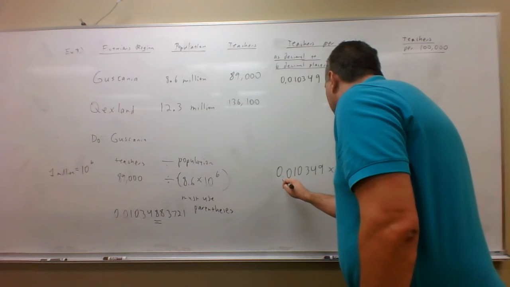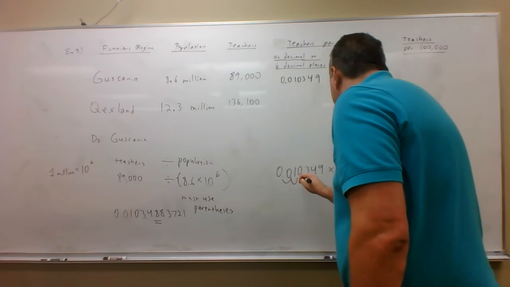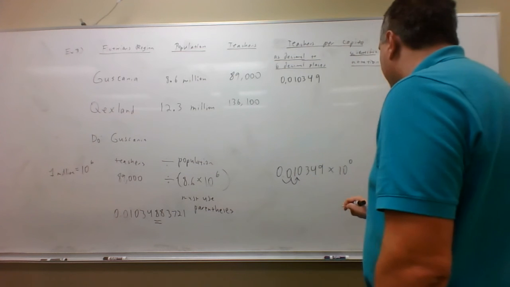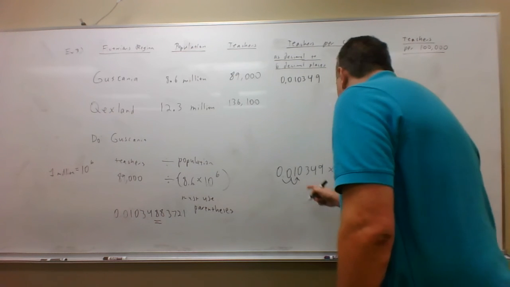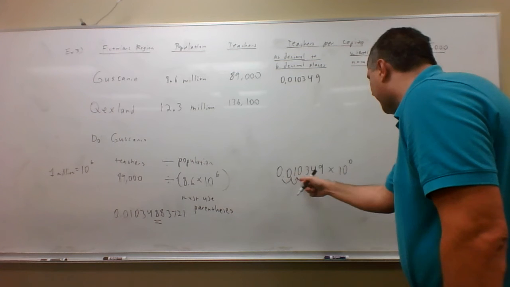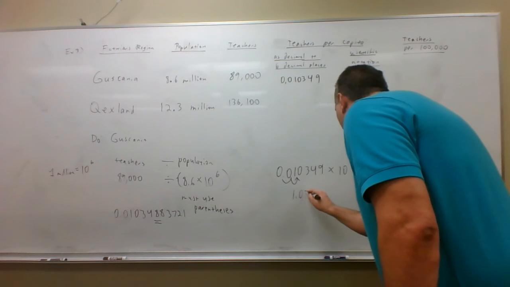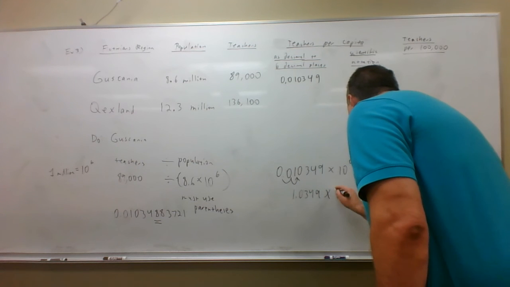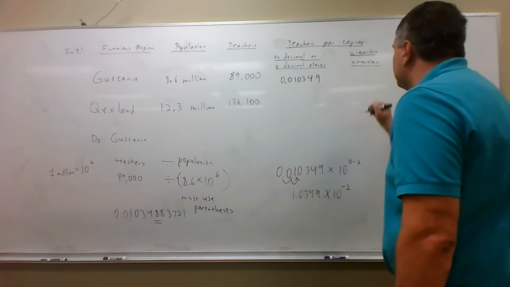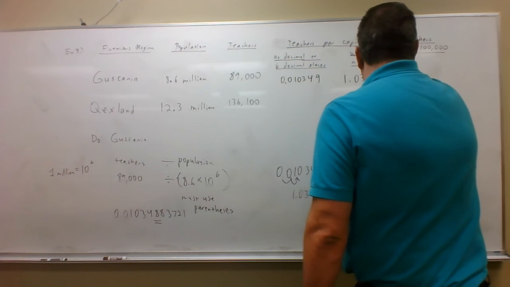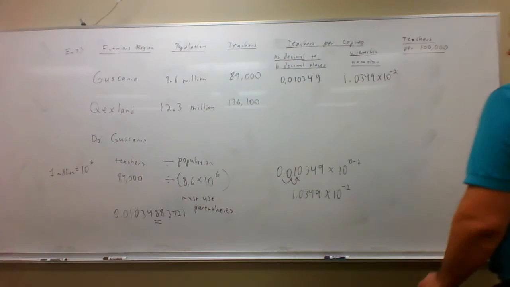Move it to the first non-zero decimal place, and if I went right, I go down 2. So this is 1.0349 times 10 to the negative second.